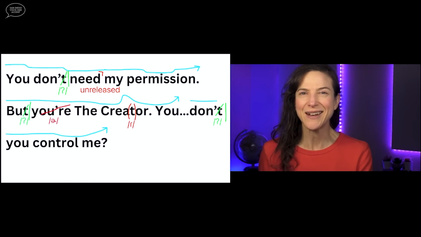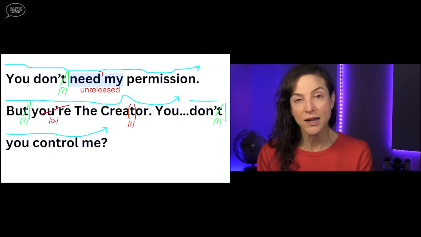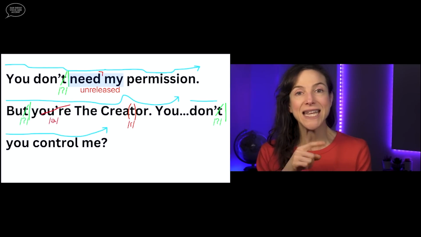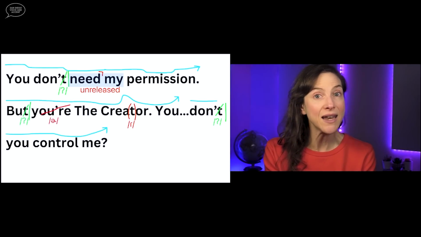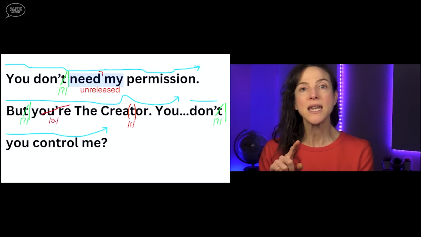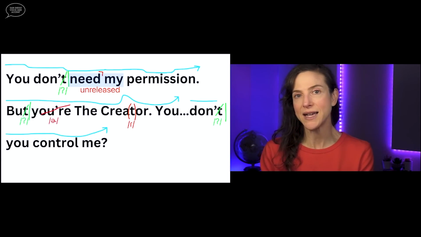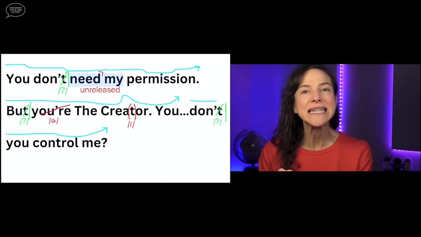All right. And then we have another pesky little unreleased D consonant here. I know this is challenging. Need. Remember, this is not an N. It's not need. It's need. You don't need my, need my, not need my.